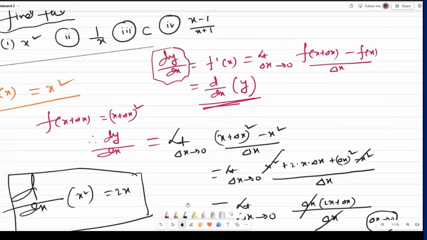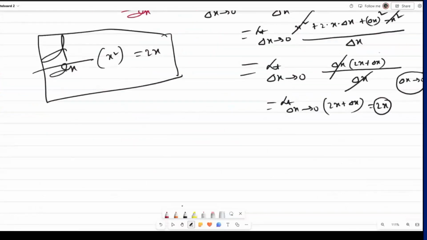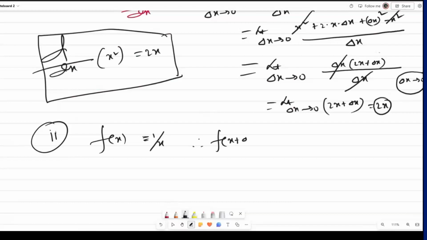Let me do it for 1 by x. f(x) equal to 1 by x. So this is going to be 1 by x plus delta x. Yes.